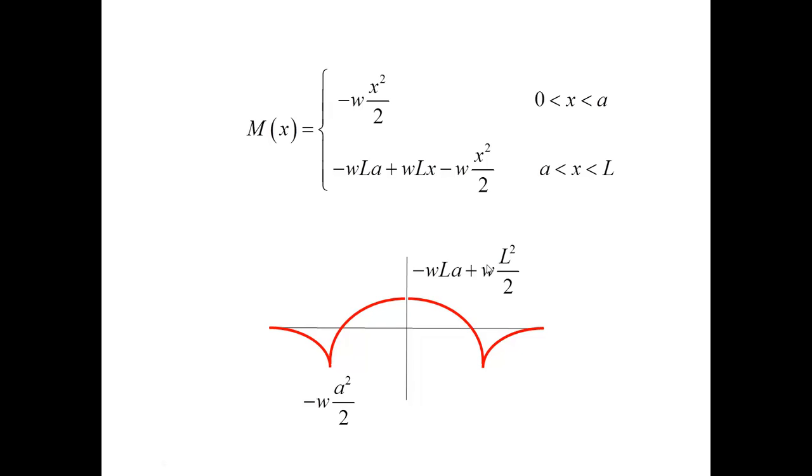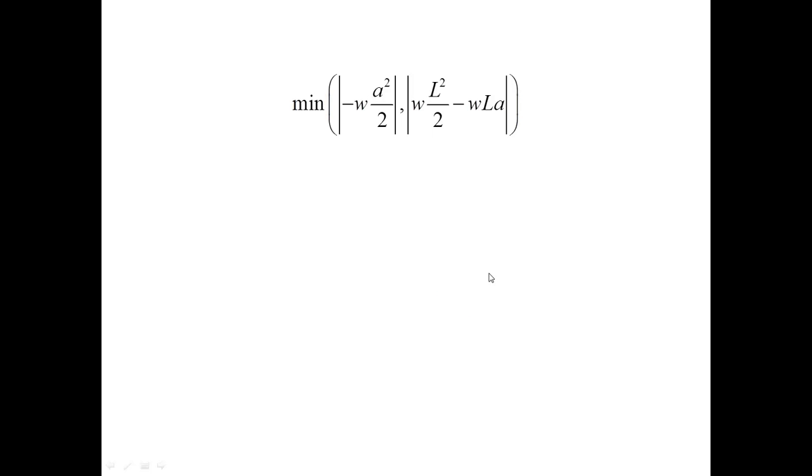Whether this value is positive or negative is somewhat immaterial because I'm interested in the absolute value of the bending moment. And therefore, what I need to compare are the absolute value of this and the absolute value of this, and find the minimum between the two of them.